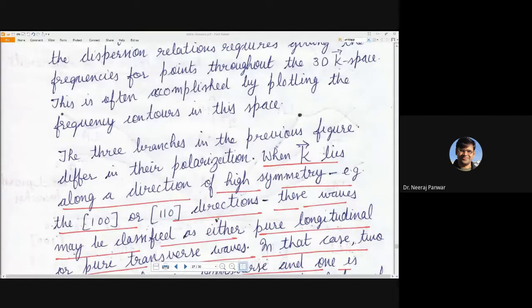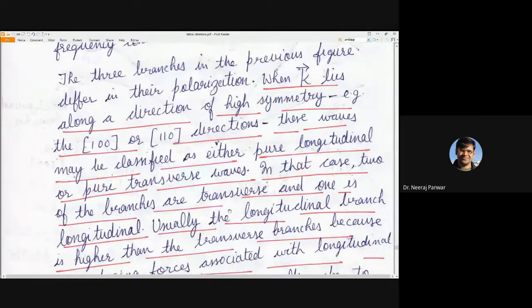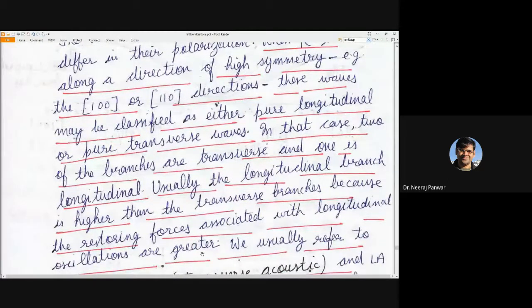So if we are acquiring the omega k diagram along these directions of higher symmetry, then the wave will be either purely longitudinal or purely transverse. And usually the longitudinal branch is higher than the transverse branch because the restoring forces associated with the longitudinal oscillations are greater.